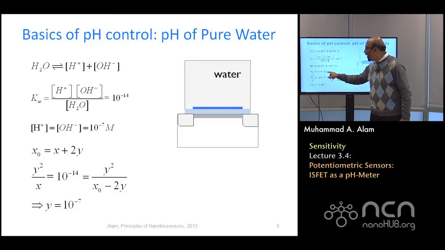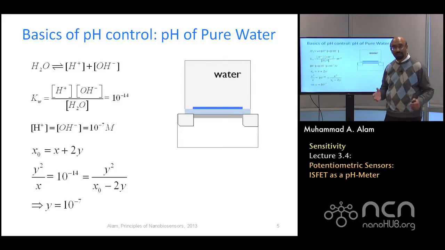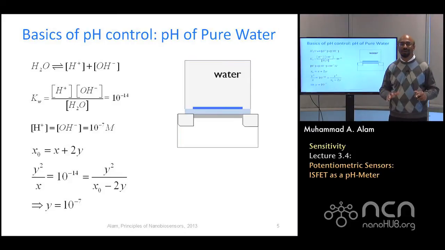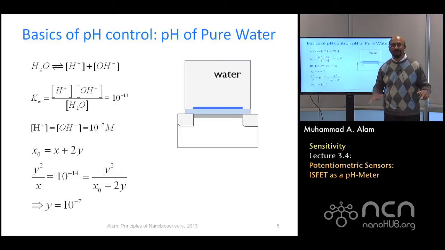And Y plus Y, 2Y, one Y for hydrogen, another one for OH. And you remember X is equal to Y. Solve this equation. That tells you that the concentration of hydrogen is 10 to the power minus 7. What is the pH then? All you have to do is to take a log base 10 with the minus sign. So the pH of neutral water with nothing in it, no impurities, is 7 because of these constraints.